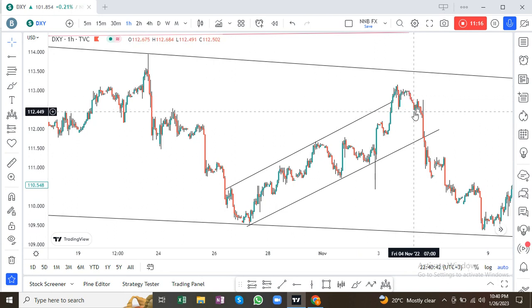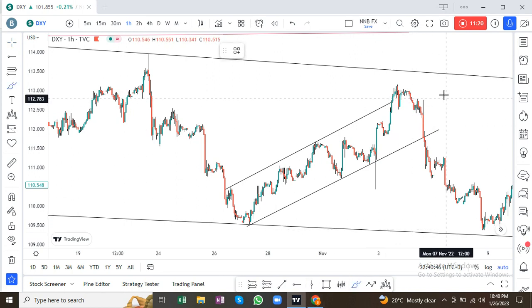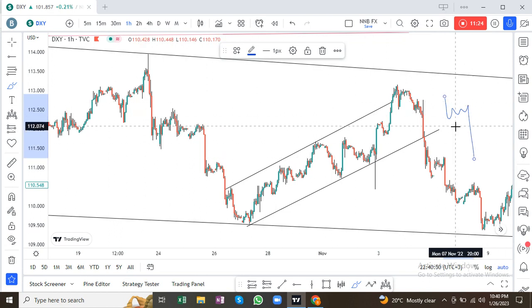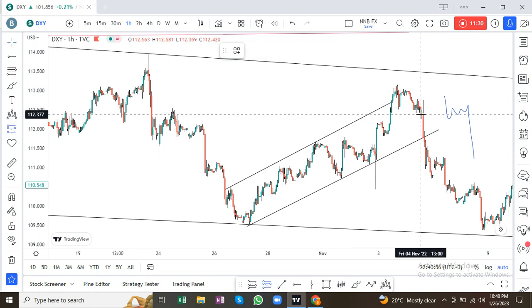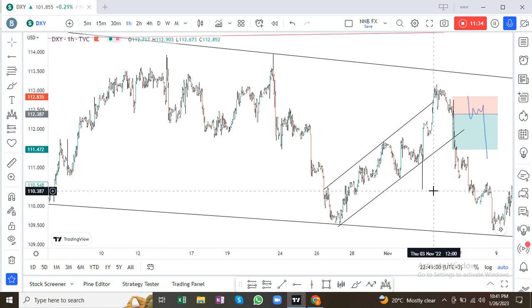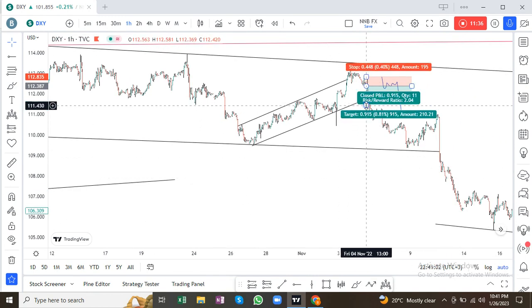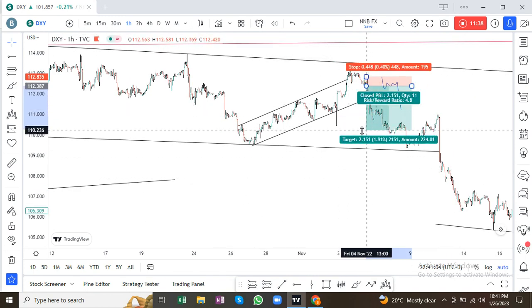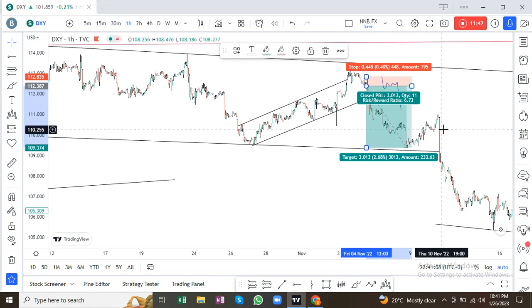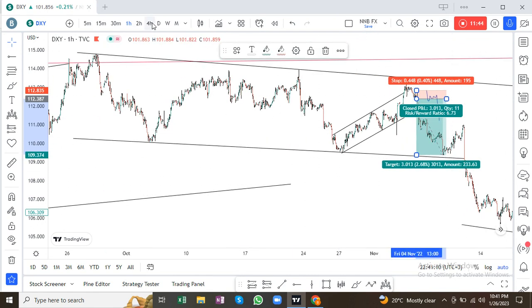If you go down to the 15 minutes, you see that this is an impulse, and then a smaller correction, which you would have used to enter after the break of the correction. If you would have entered from there, you would have taken the market down. The market would have gone down with you up to this area where it formed a bigger correction. Maybe it would have stopped you out if you were patient enough.